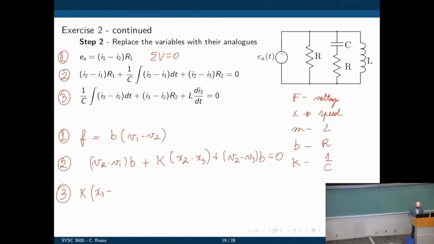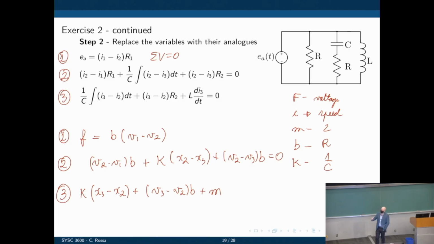Yeah. So let's continue here. Minus x2 plus current is the speed. B and L is, what is L is M. And what is di3 dt? Current is speed.